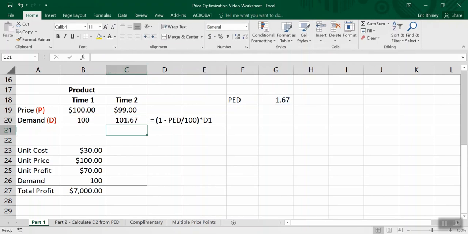So it's just the inverse, and we go up, you see here 1.67. All right. So that's the way that you would calculate demand 2 based off of the price elasticity of demand as we change by 1 percentage point.